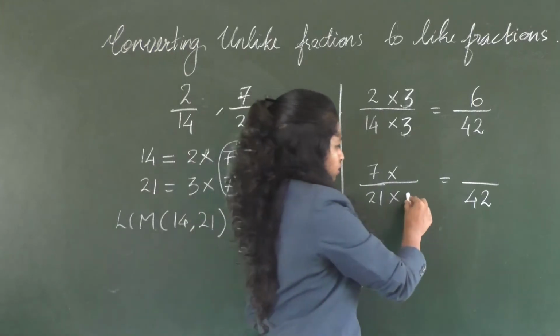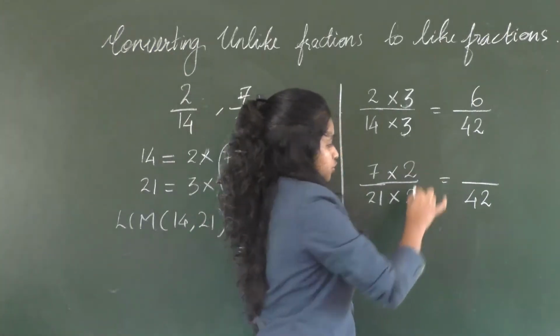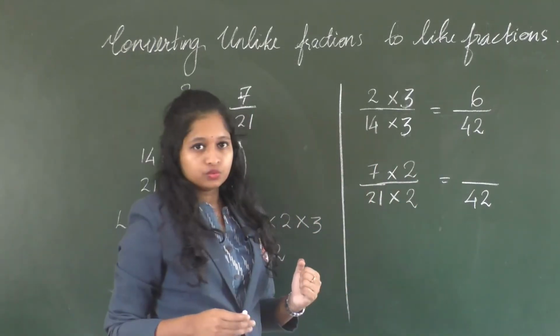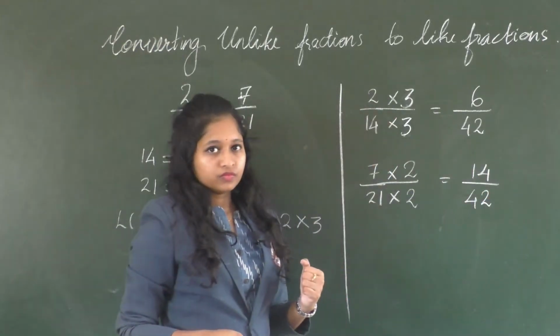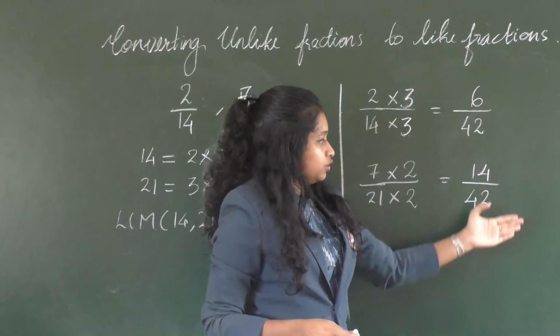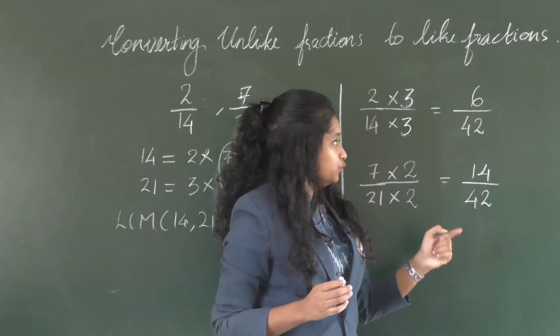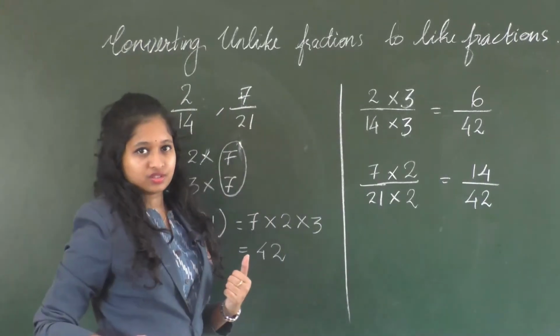So 21 into 2 is 42. So multiply the numerator also by 2. So we get 7 into 2, which is 14. Now look at these fractions. They are like. 6 by 42 and 14 by 42 are like fractions.